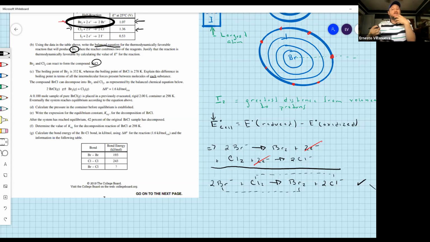So if you're gaining electrons, you would become more negative. Does that make sense? Right? So if I'm going from a negative to a positive, I'm actually losing electrons because I'm becoming more positive. So these guys are actually oxidizing.